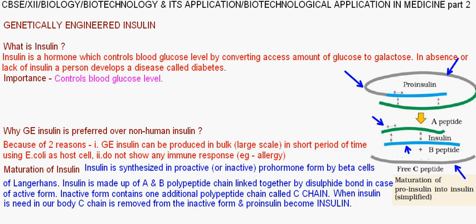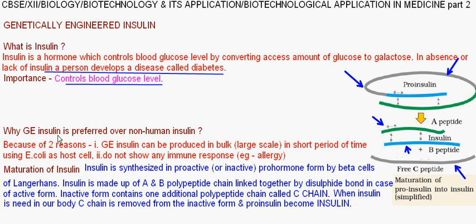In absence or lack of insulin, a human being develops disease called diabetes. And so it controls blood glucose level, and in the absence of or lack of insulin, a person develops diabetes. Insulin is produced by beta cells of Langerhans of small intestine.